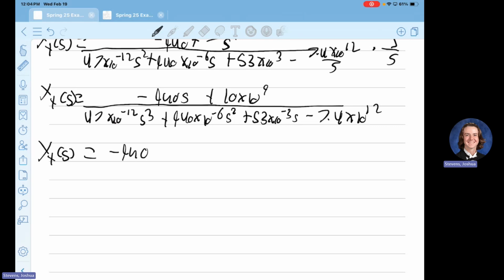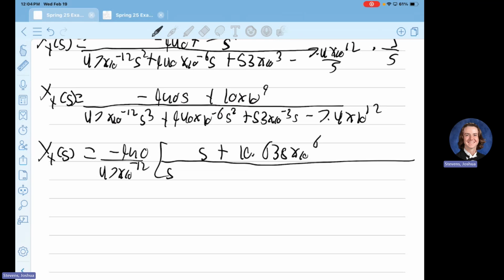YT of S equals negative 940 over 47 times 10 to the negative 12, times S cubed plus, when you divide this number by this number, you get 10.638 times 10 to the 6th S squared. Same thing here.